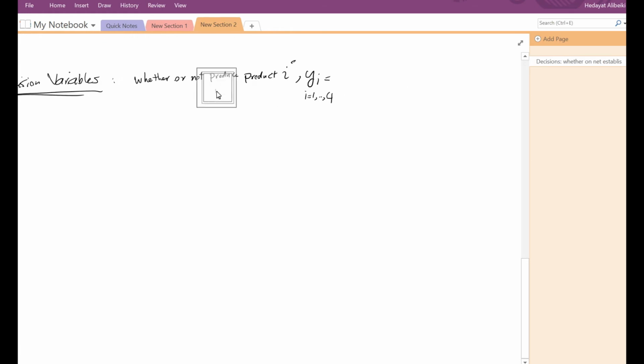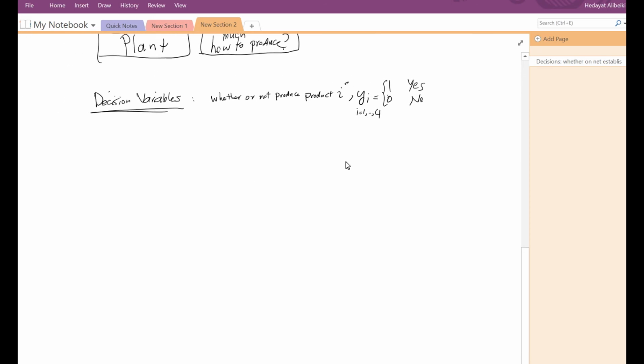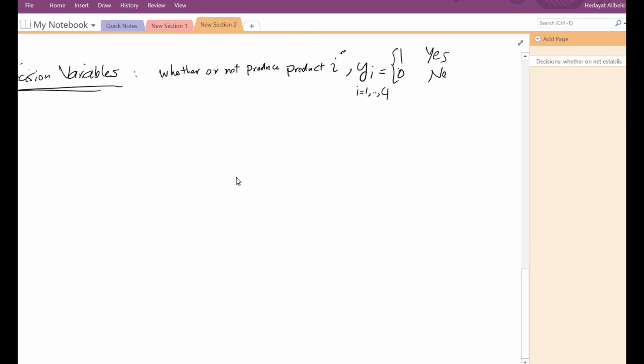And yi can be 0 or 1. 1 means yes, we want to produce product i. And 0 means no, we don't want to produce it.